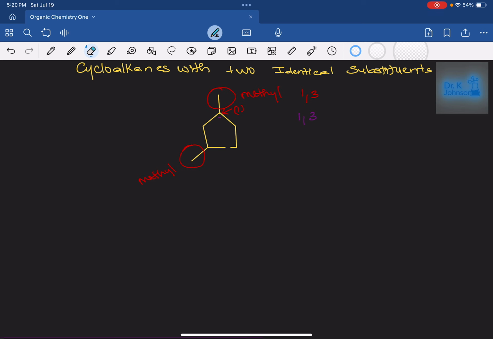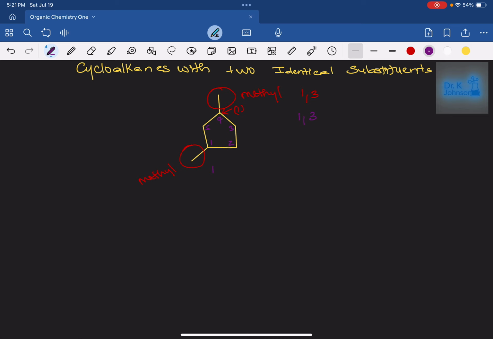So it doesn't matter where I start with one, I can use either one of these. So let's go here. If I put one here, 1, 2, and let's just clean up that break. 3, 4, 5.